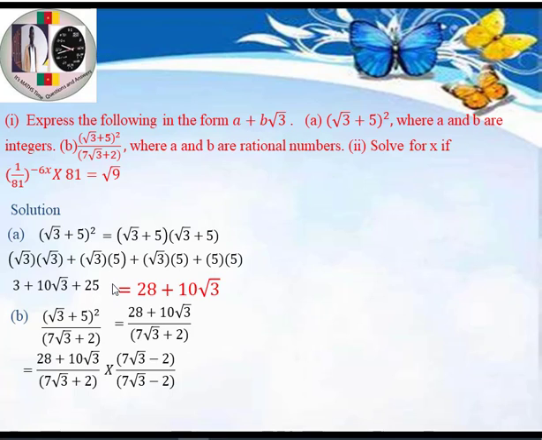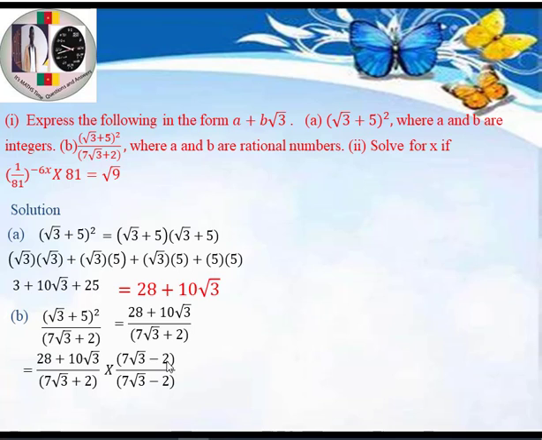So if we do this multiplication, what are we going to have? Again, everything in the numerator multiplies everything in the numerator, and the denominator also multiplies everything. So we are going to multiply 28 times 7 root 3 minus 28 times 2. The minus is coming from this minus 2 here. Again, we have 10 root 3 times 7 root 3 minus 10 root 3 times 2. The denominator will also have the same multiplication.